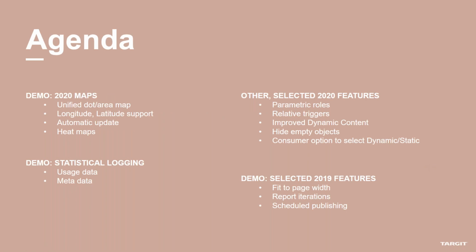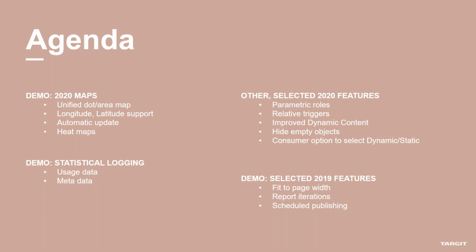The agenda for today is this one here. The two features I'm going to actually show you some parts of in the 2020 version are something related to maps. Previously, or still in the 2019 version, we have different types of maps. We have maps for placing dots on the map.